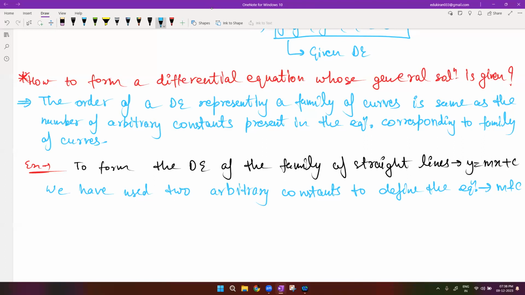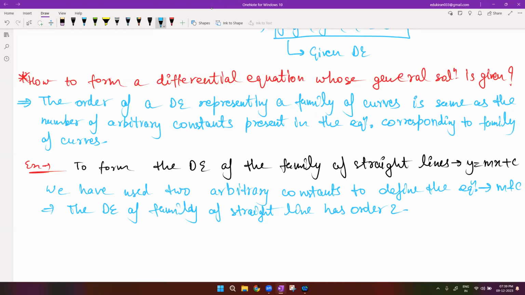It implies that the differential equation of the family of straight lines has order 2. The order of the differential equation of this family of straight lines will be 2.